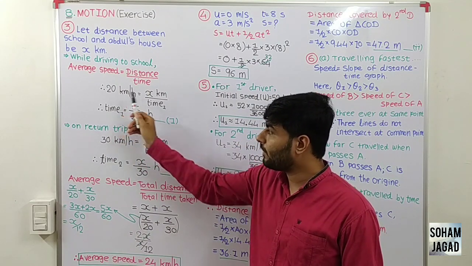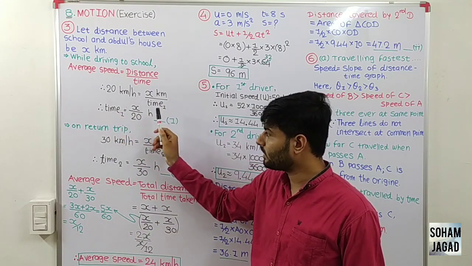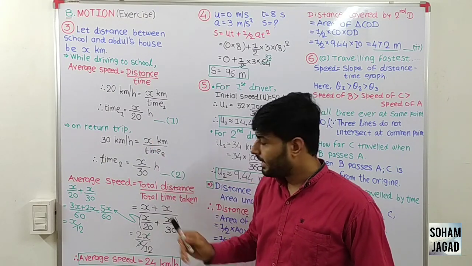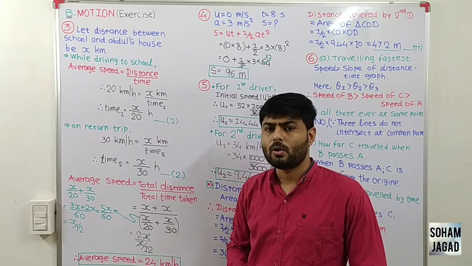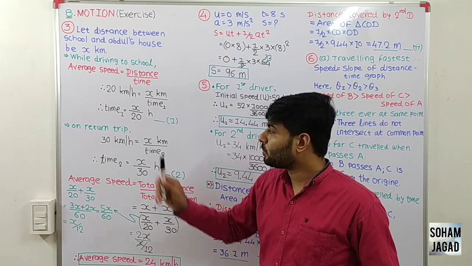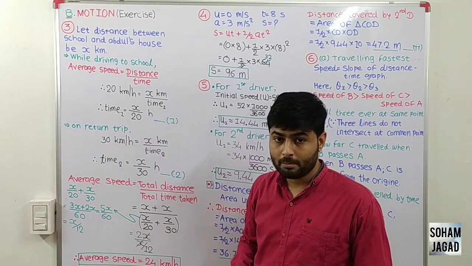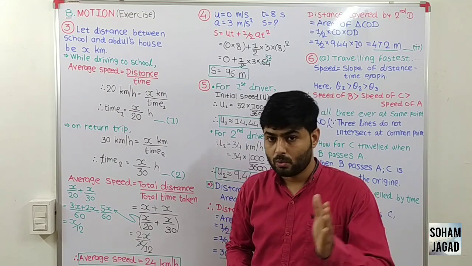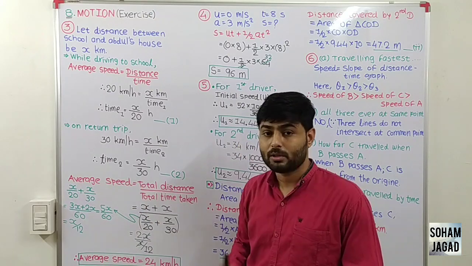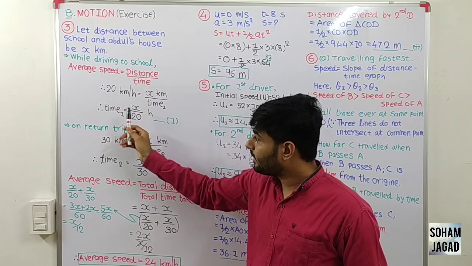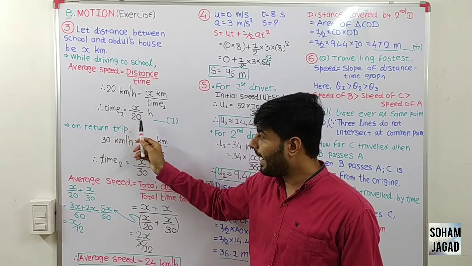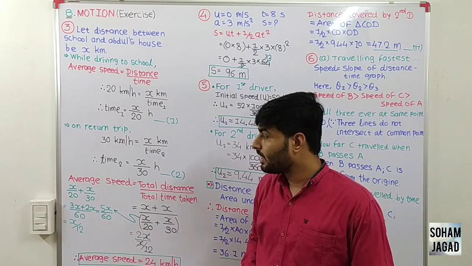So I write 20 km per hour is equal to x kilometer divided by time 1. Why do I write time 1 and time 2? Because I consider home to school as the first trip, so I give time 1, and school to home as the second trip, so I write time 2. Making time 1 the subject, I get time 1 is equal to x divided by 20.